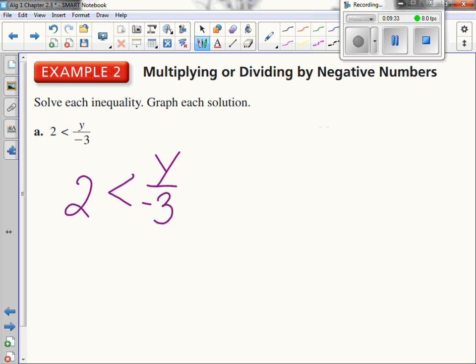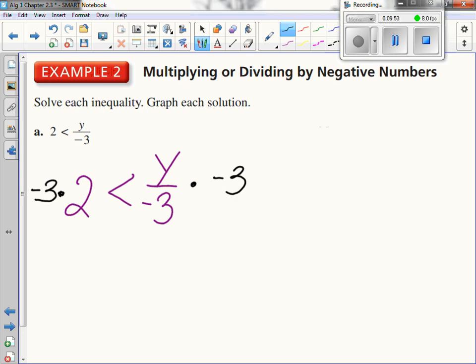So looking at this first one here, we have 2 is less than y divided by negative 3. So to get y by itself, what are we going to have to do to both sides? Multiply both sides by negative 3.